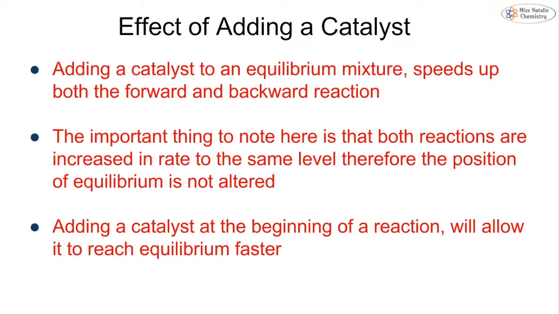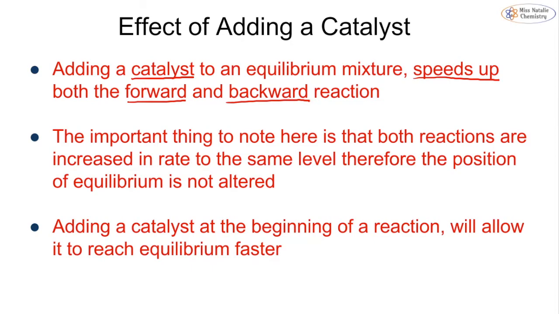Now, the last effect is the effect of adding a catalyst. We know that a catalyst is there to speed up a chemical reaction, and it does this by providing an alternative pathway with a lower activation energy. In terms of equilibrium, adding a catalyst is going to increase the rate of the forward and the backwards reaction.